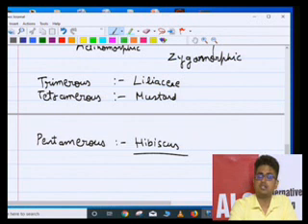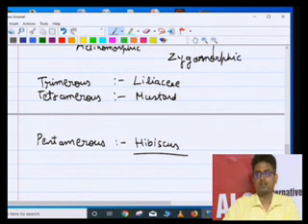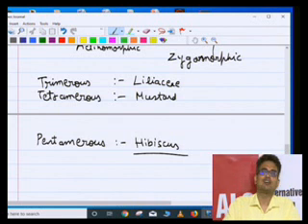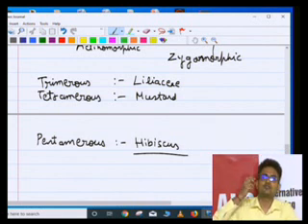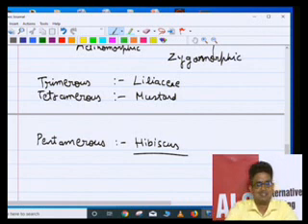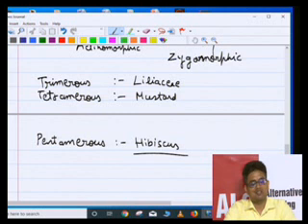Pentamerous is very easy to see in hibiscus. Hibiscus is the best flower to see the pentamerous condition, a very good example. I can also ask you to take tomato flower, which also shows the pentamerous condition, but tomato flower is very small and very difficult. So no use giving you those flowers which are very small.